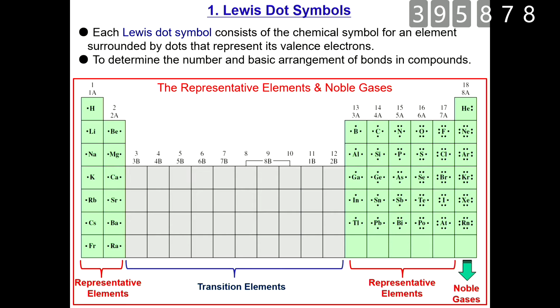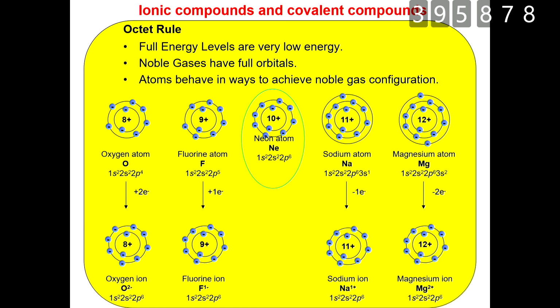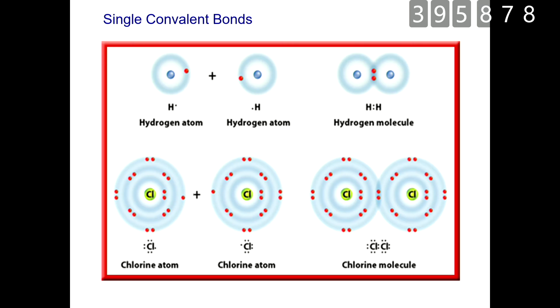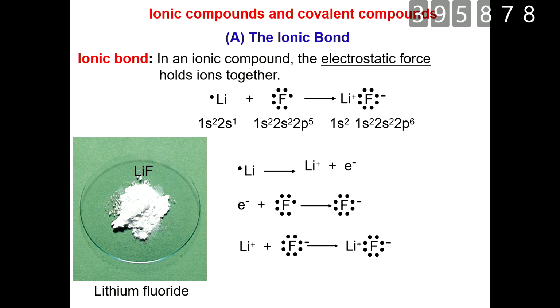So you don't need to write any dots. The dots only represent the valence electrons. It has lost its valence electron, so it's nothing. Okay, so here you only write like this. Okay.